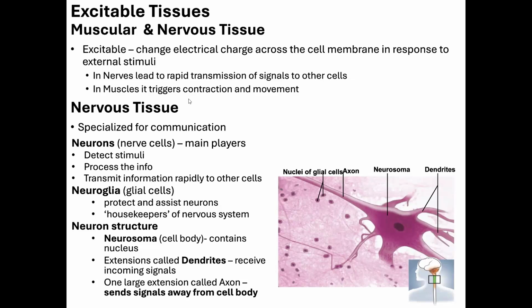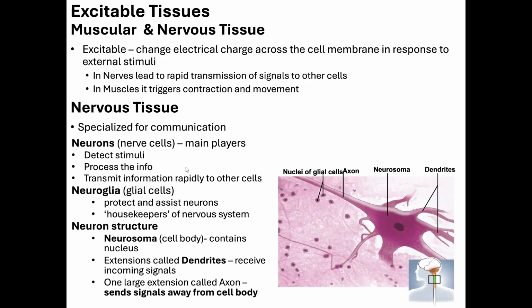So if you look at nervous tissue, they're really specialized for communication. There are two main players: neurons and neuroglia, out of which the neuron is the main player.